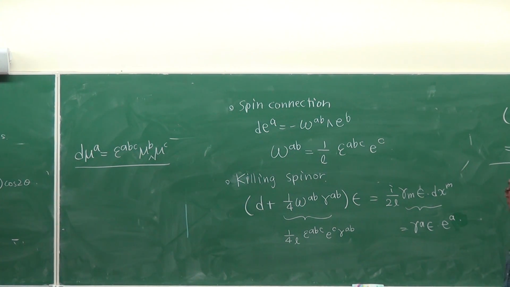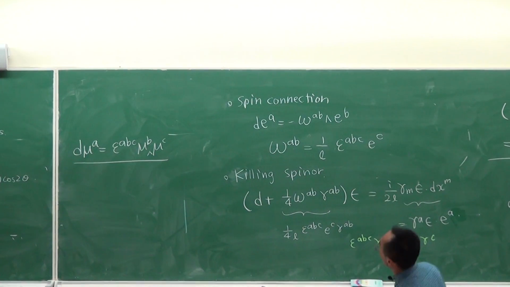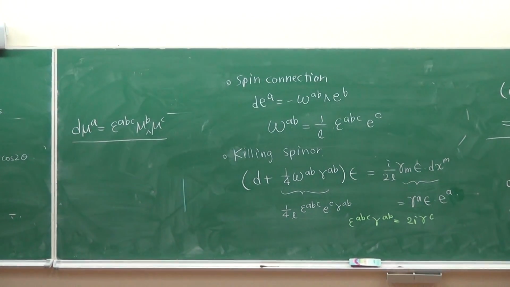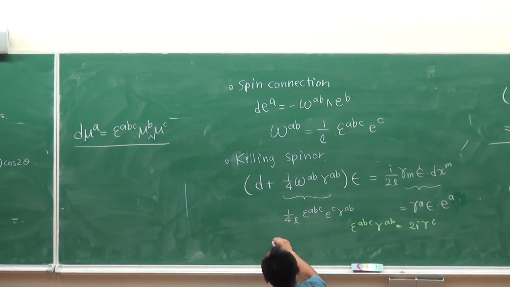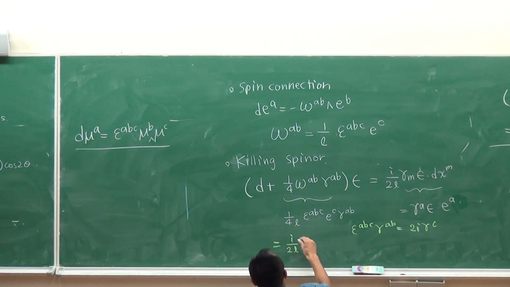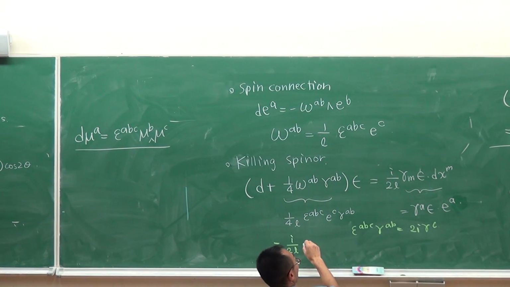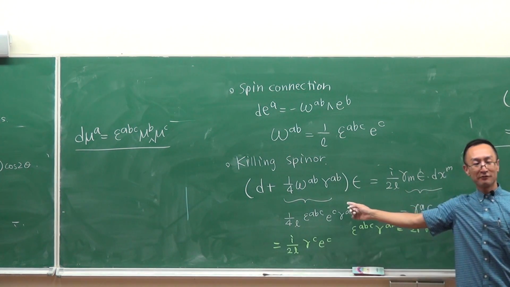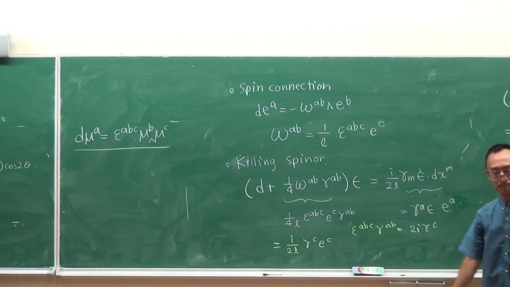Then, if you make use of the identity about the three-dimensional gamma matrices, this second term on the left-hand side can be rewritten in this manner.